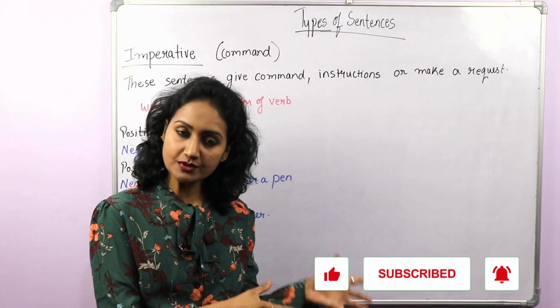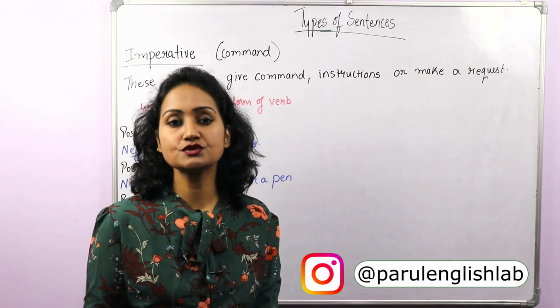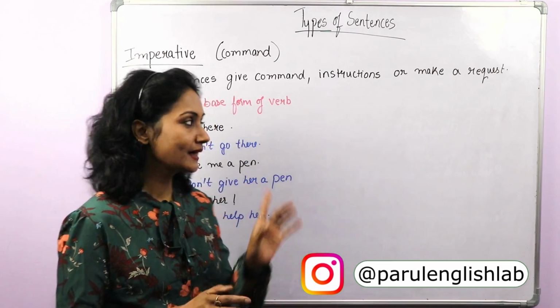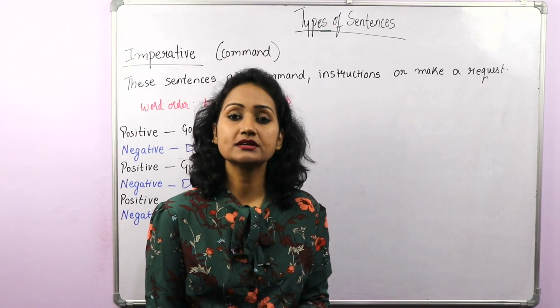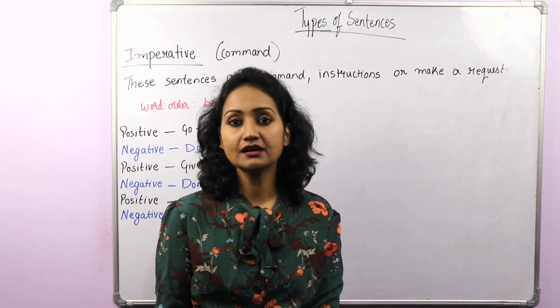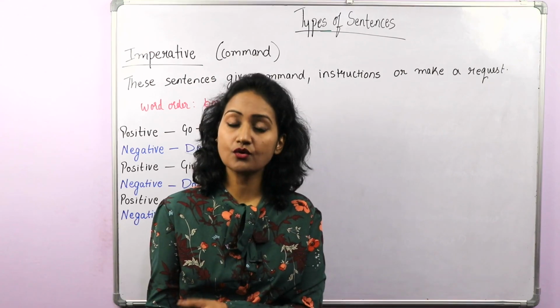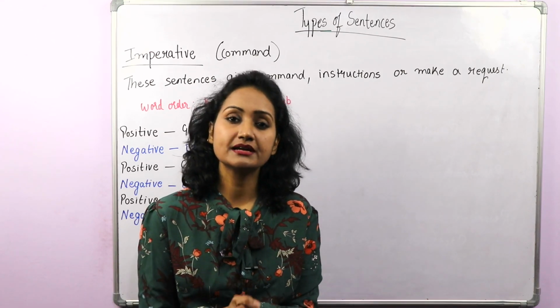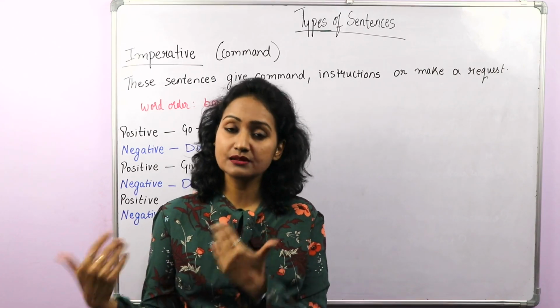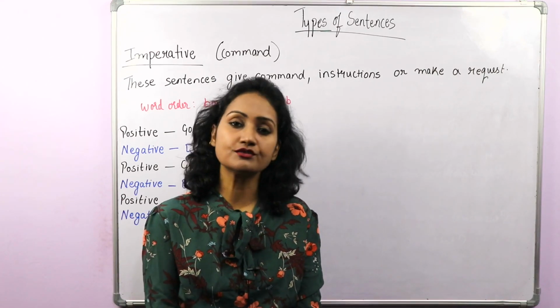So this is in simple present tense, that's why we need to use the first form of the verb, or base form of the verb. These kinds of sentences end with a full stop or an exclamation mark. What you want to convey to the reader or the listener depends on how you end the sentence, whether you end it with an exclamation mark or with a full stop.